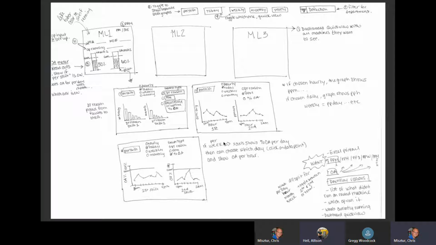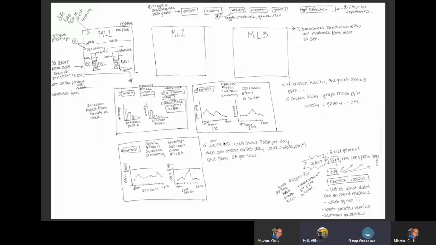I kind of see it being like that, where it's just a rectangle for a general idea of where the machines are relative to each other. It doesn't have to be too crazy. That's kind of what I was seeing on that thing, where you basically have a green or a red indicator, or maybe yellow for medium criticality, and then you click on it when something's wrong or getting wrong in there. Yeah, I like that.